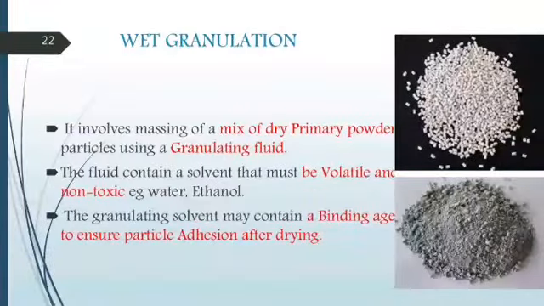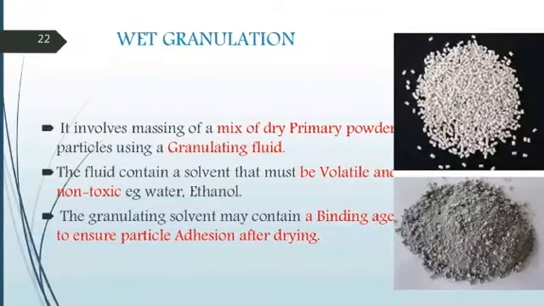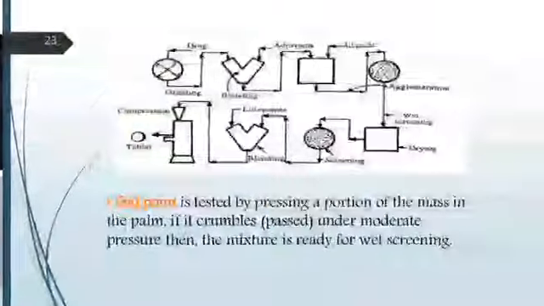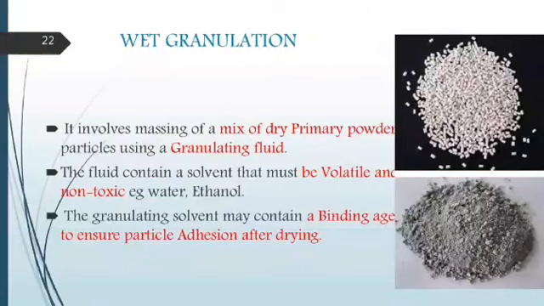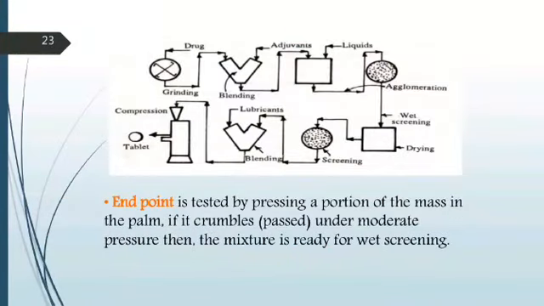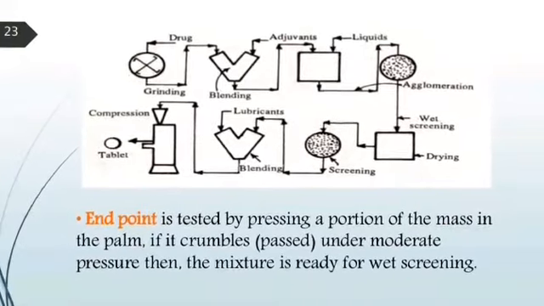Wet granulation involves primary mixing of the dry powder with a granulating agent, also called the adhesive agent. The fluid contains a solvent that is volatile and, most of the time, non-toxic. So it is a mixing with a granulating agent, and as with dry granulation, the picture is shown here.